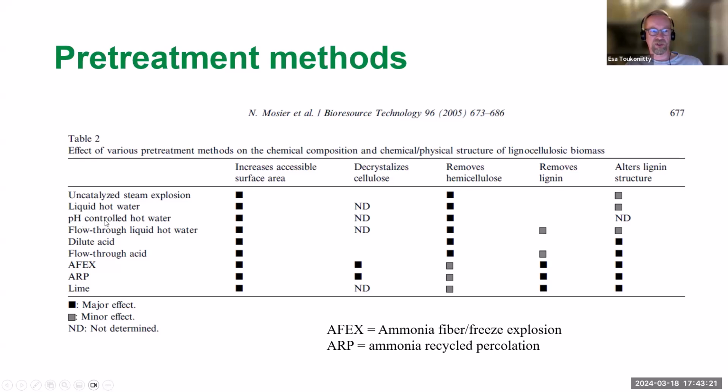Liquid hot water and pH controlled hot water are not influencing the lignin at all. Also, diluted acid is not influencing lignin removal. But on the other hand, the lignin structure is altered in more or less all the cases here.